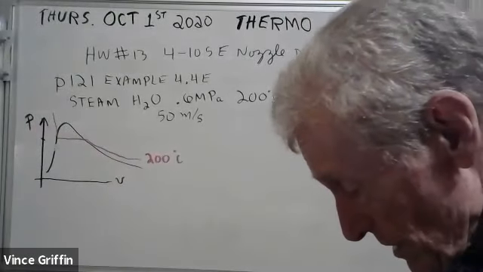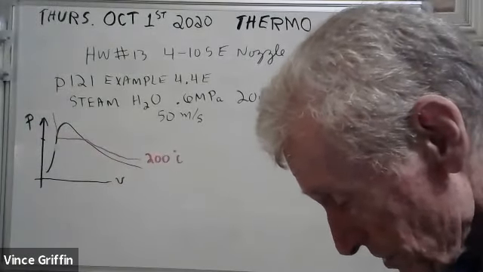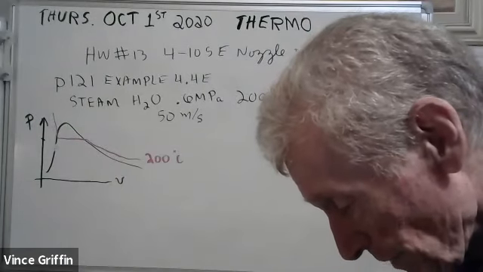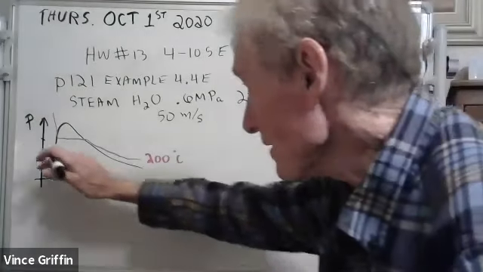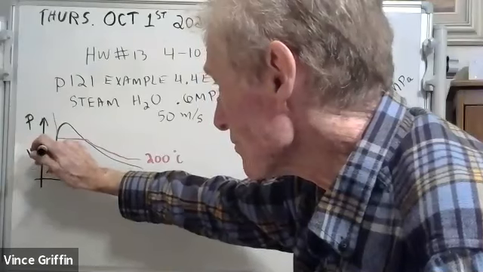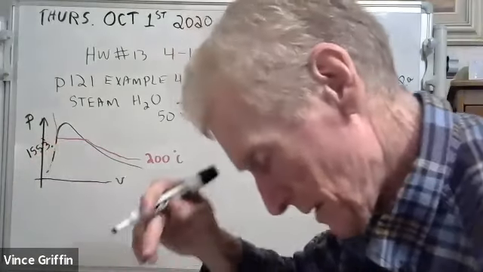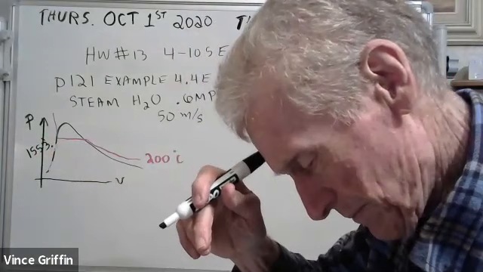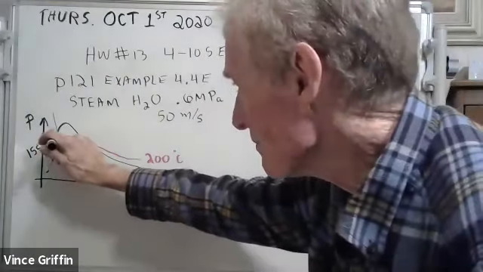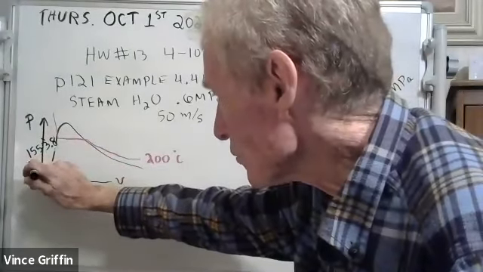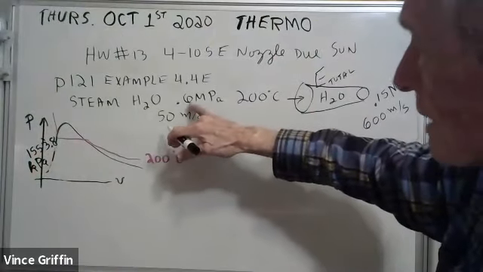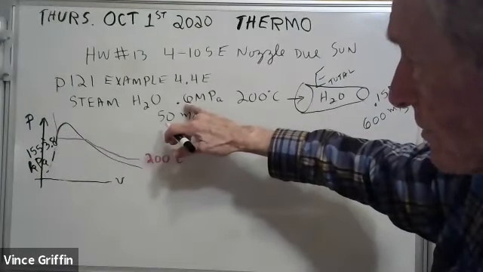Help me find 200 Celsius. I did, and I found the pressure there is 1553.8 kilopascals. But wait a minute. What we have is 600 kilopascals.